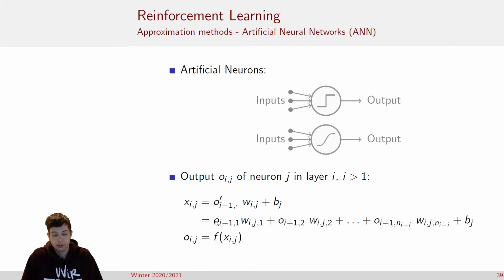This one is the product of the output of the previous layer's first neuron times the corresponding weight in our current layer, plus the output of the second neuron of the previous layer times the corresponding weight in our current layer, plus and so on. We do this for all of the neurons of the previous layer, multiply them with weights. And finally, we add our constant term b. So basically just a linear regression inside the node. That is what's happening inside.